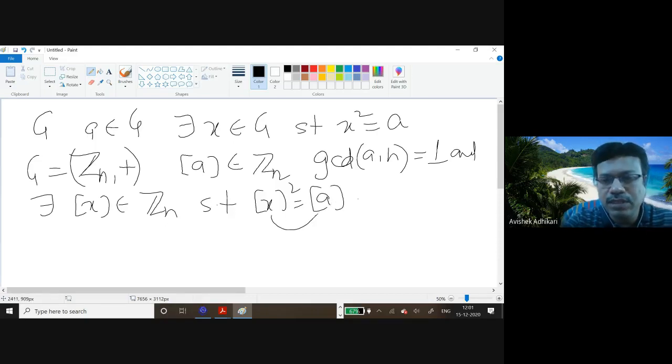These are the elements of the group, the same thing as this. Then we say class A is a quadratic residue modulo n.